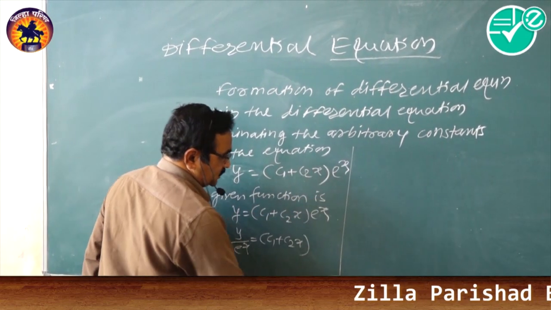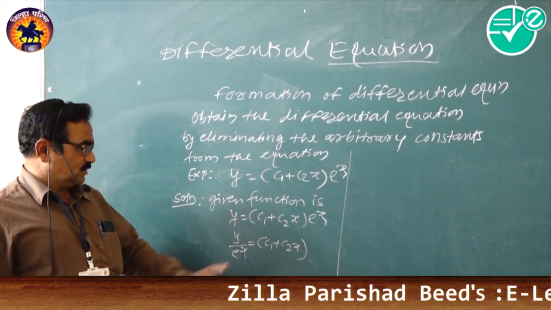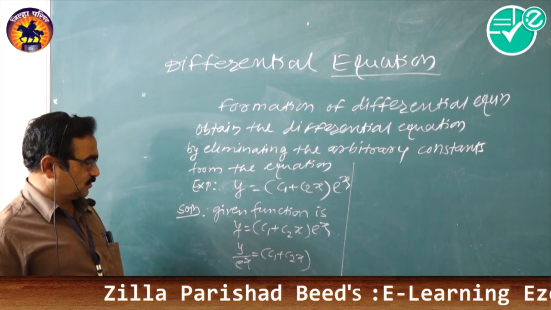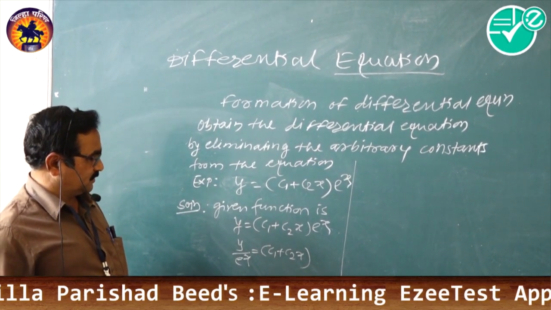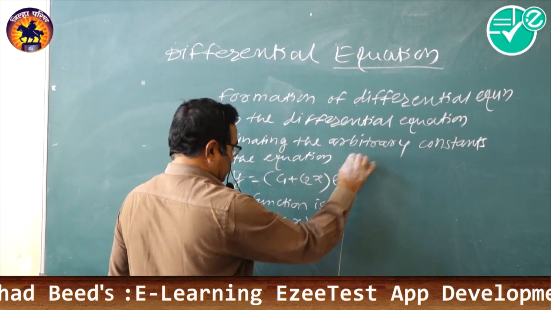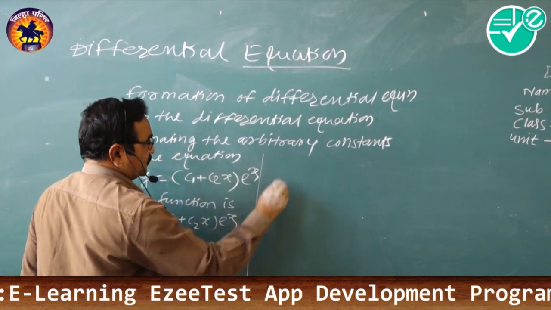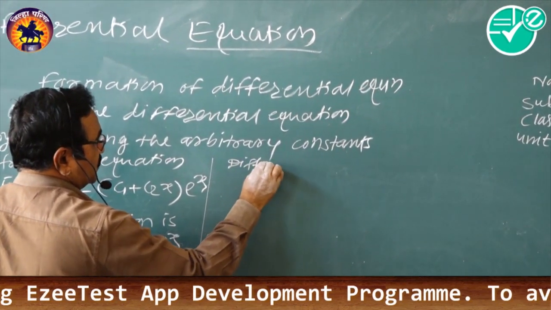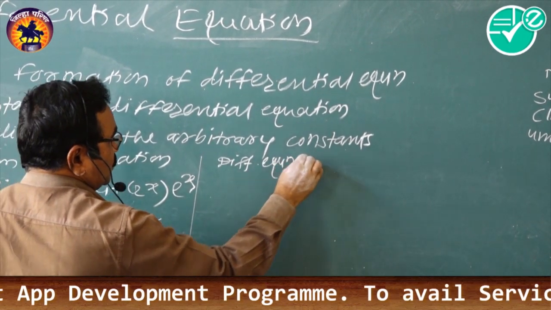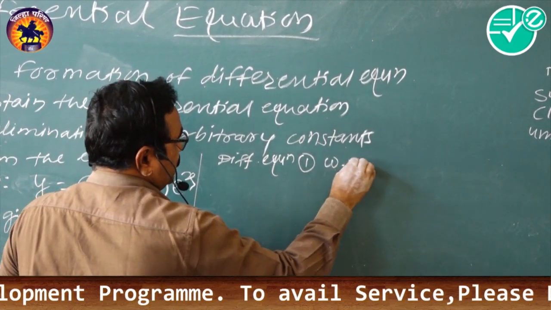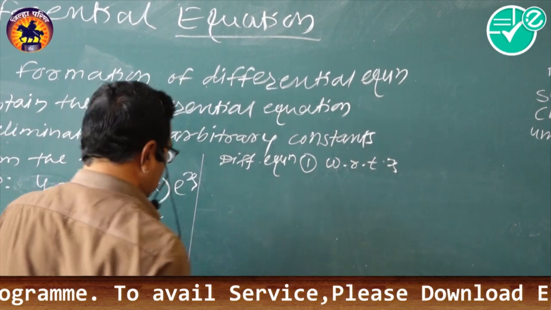We first eliminate these two constants c1 and c2 from this equation by taking the differentiation. This is equation 1. Differentiate equation 1 with respect to x.